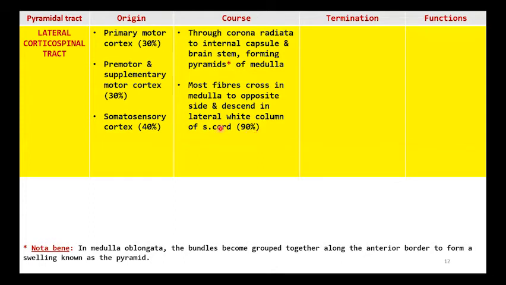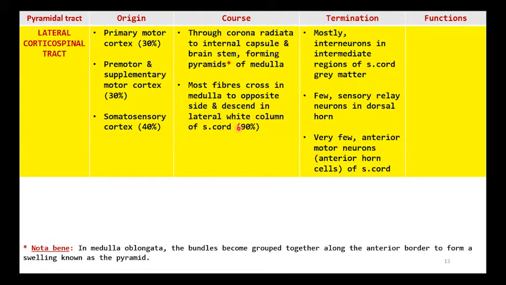So these fibers enter the lateral white column of the spinal cord. That is why they are called lateral corticospinal tract. And the final destination is the spinal cord. How do they terminate? They terminate at the spinal cord by synapsing with the internuncial neurons, also known as the interneurons. These interneurons are located in the intermediate gray matter of the spinal cord.